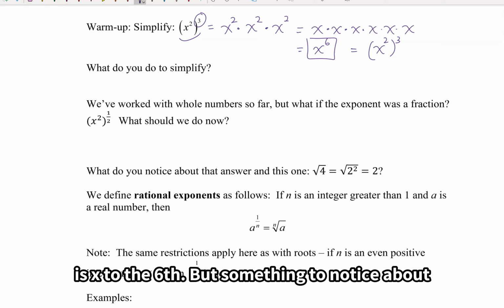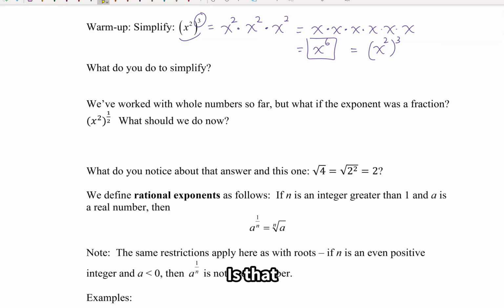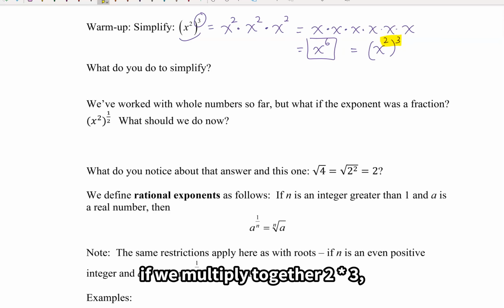But something to notice about this arrangement is that if we multiply together 2 times 3, it will give us 6. This is not a coincidence. This is one of our rules for working with exponents.